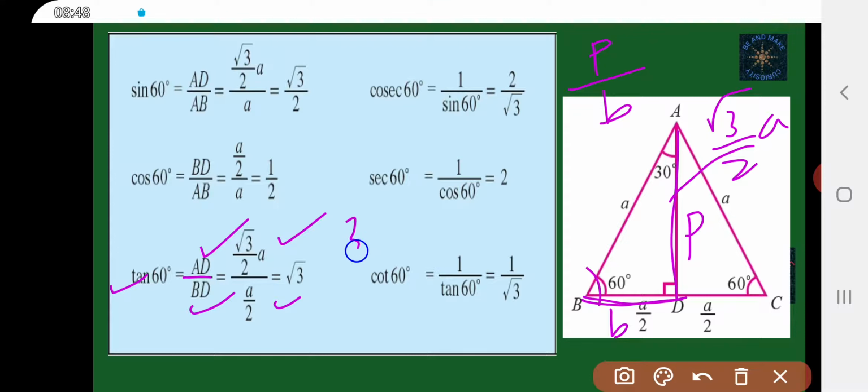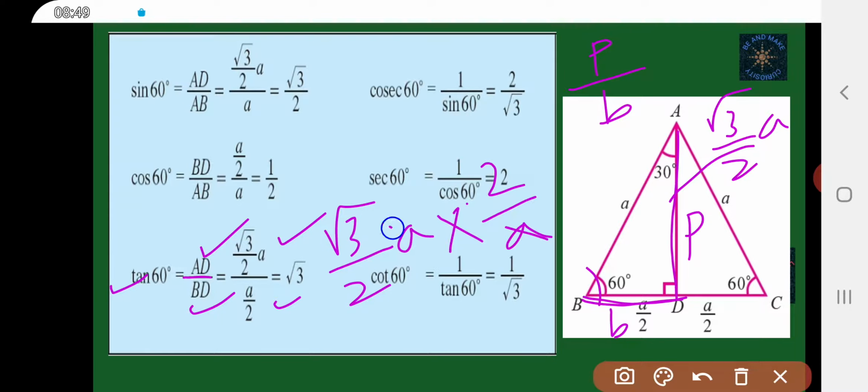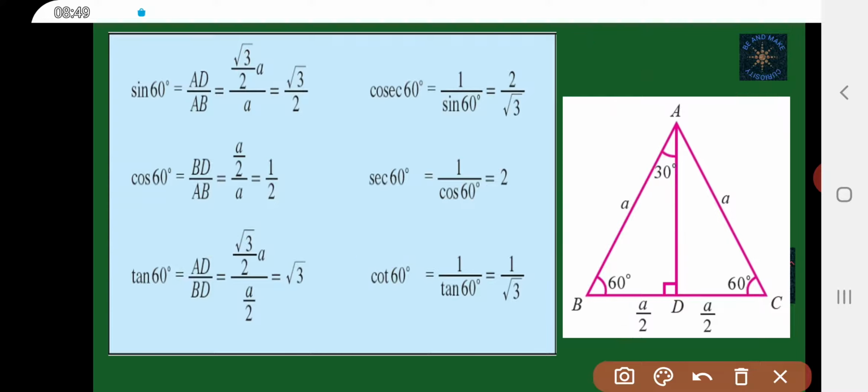So root 3 by 2A into 2 by A, A cancel, 2 cancel, so you get root 3. So your answer is root 3.